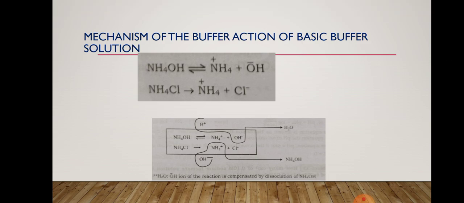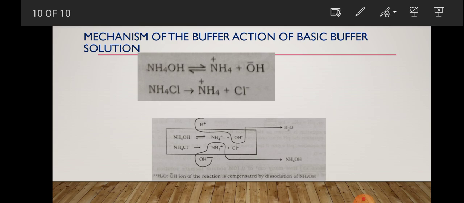Now, lastly, I would like to discuss mechanism of the buffer action of basic buffer solution. An example of basic buffer solution or alkaline buffer solution is a mixture of ammonium hydroxide and ammonium chloride salt.